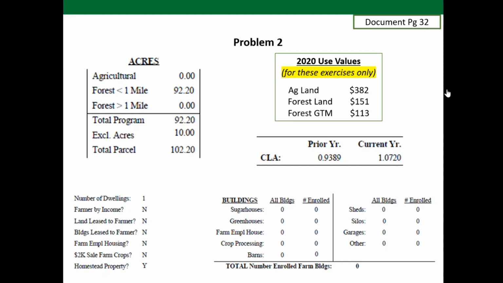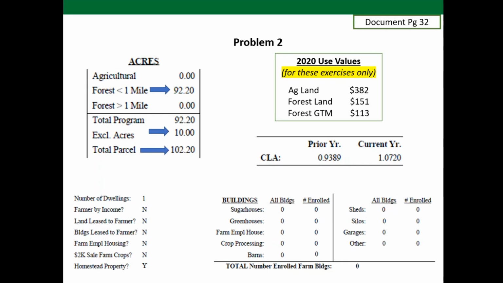Okay. So do you have flying arrows on all of them? Okay, so the information that we're going to need is we're going to look at total parcel acreage, what's enrolled and what program it's enrolled in, and excluded acreage.